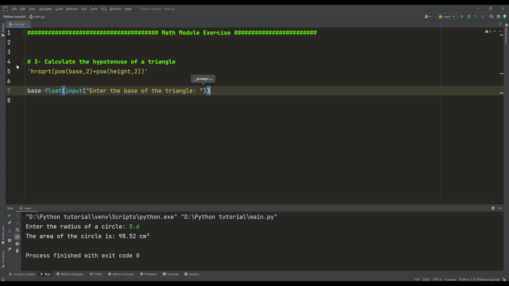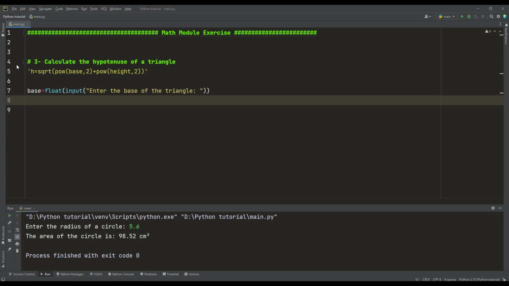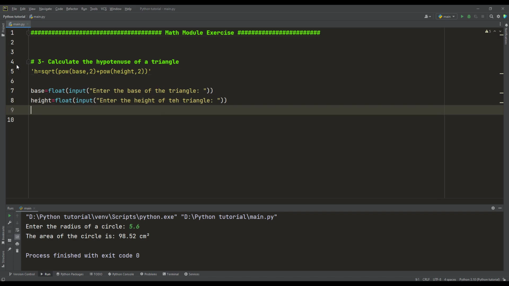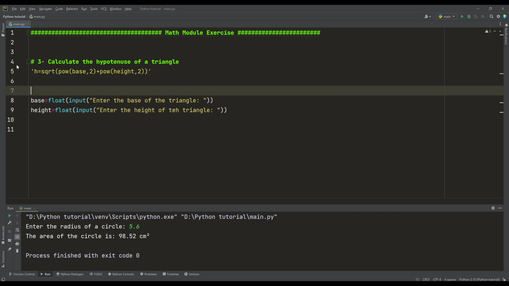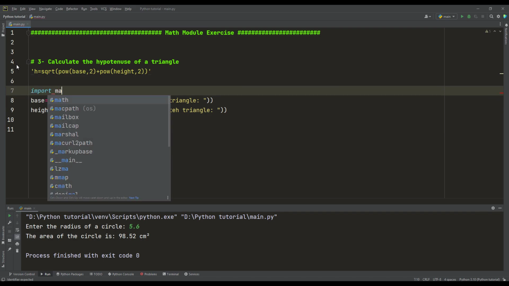Then I will also ask about the height, and for the height I will follow the same: I will have input here, and I will ask the user to enter the height of the triangle.